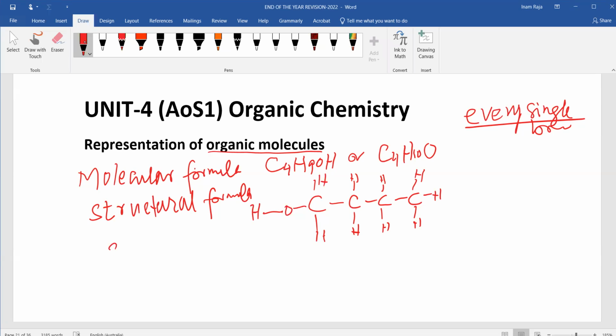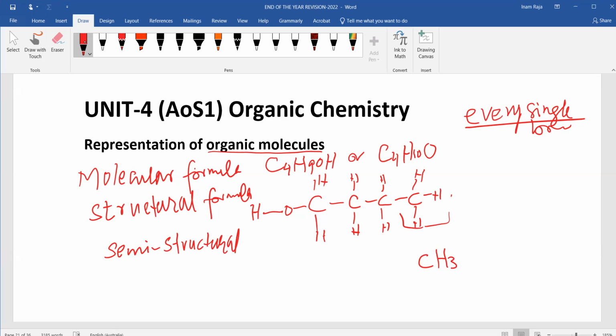Now, what is the semi-structural formula? Sometimes it is also called the condensed formula. The semi-structural formula is when you condense. For example, there is 1 carbon and 3 hydrogens, so I just write them as CH3. You are not showing any single bond.